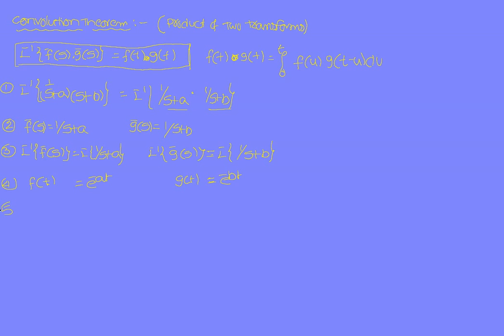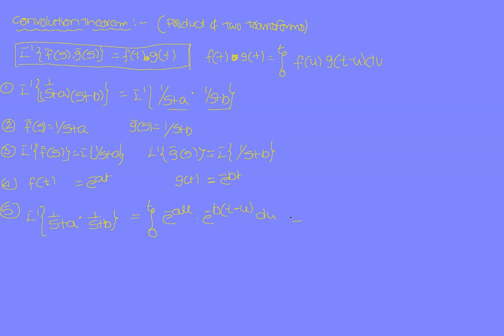So now apply the convolution theorem. L inverse of 1 by s plus a into 1 by s plus b is equal to the integral 0 to t of f of u, e power minus a u, into g of t minus u, e power minus b into t minus u, du.